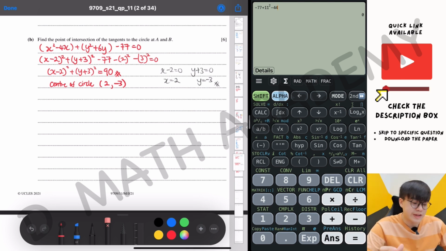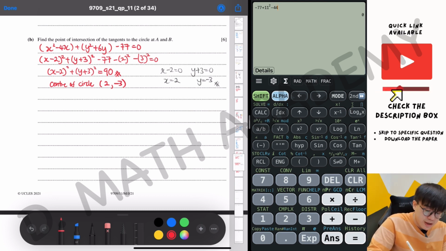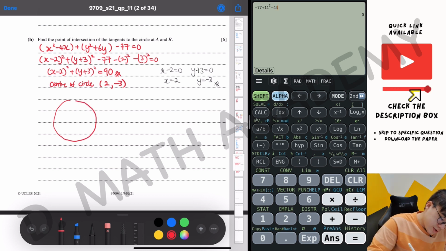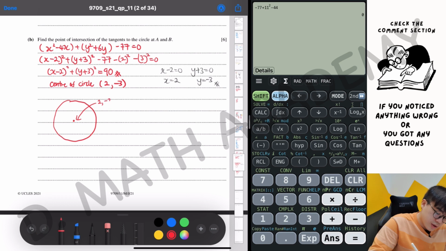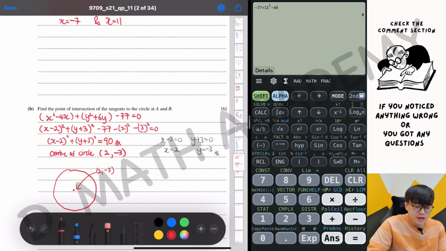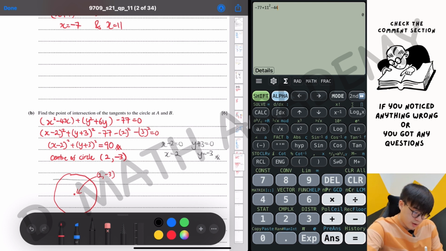Okay, so once we're done identifying the center of a circle, I find it better if I illustrate it out to show you what it means. So for example, this is the circle, this is the point, it is located at 2, negative 3. This point here is 2, negative 3. And then from the top, we identified that the intersection was at negative 7 as well as 11. So basically, it could be a line over here.